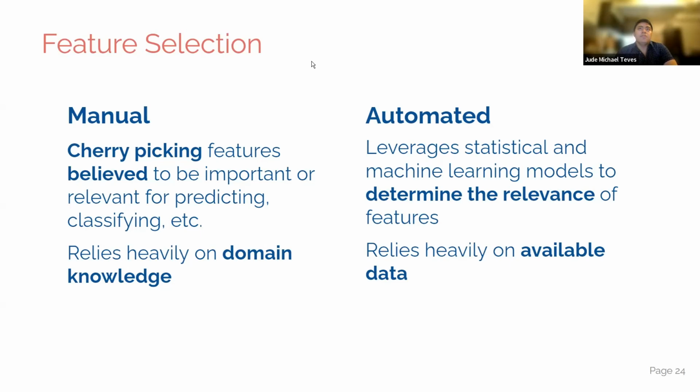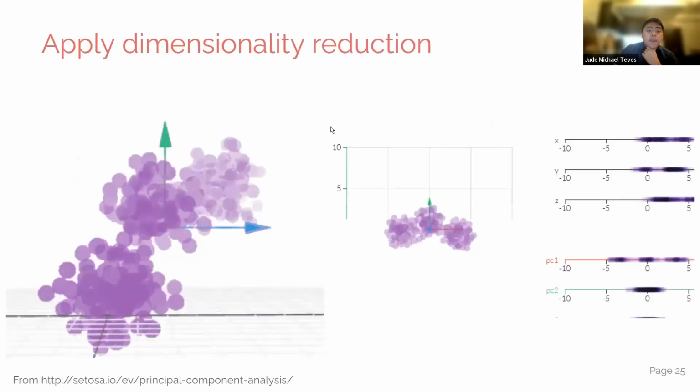For example, you drop the ones that are not correlated with your target feature. Or you could use another machine learning model to determine which ones are good enough to be candidate features for your final machine learning model. So that's an automated way of doing things.